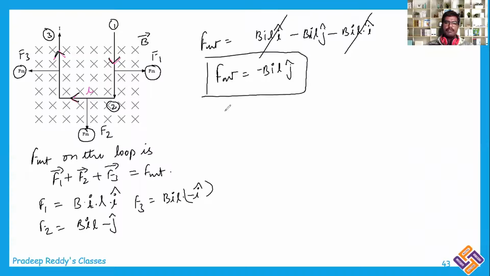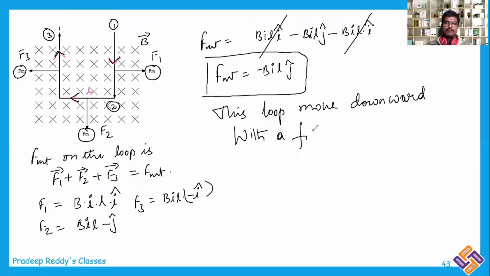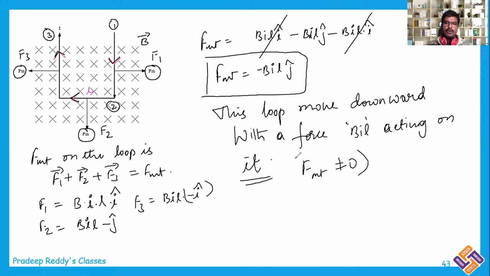Therefore, this loop will move downward with a force BIL acting on it. See, here force F is not equal to 0 since it is not a closed loop.